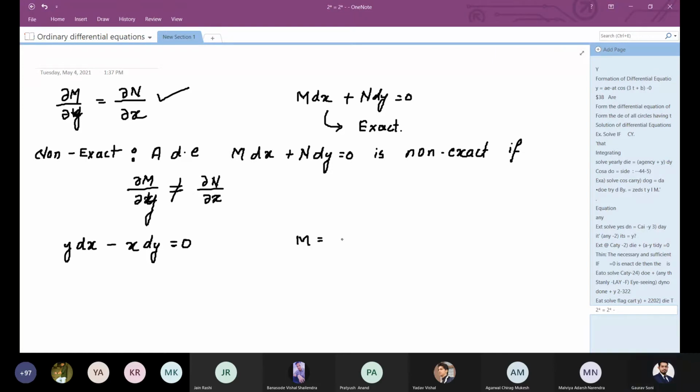M is y, N is minus x. The partial derivative of M with respect to y is equal to 1, and the partial derivative of N with respect to x is minus 1. Both of these are not equal, so this differential equation is non-exact.